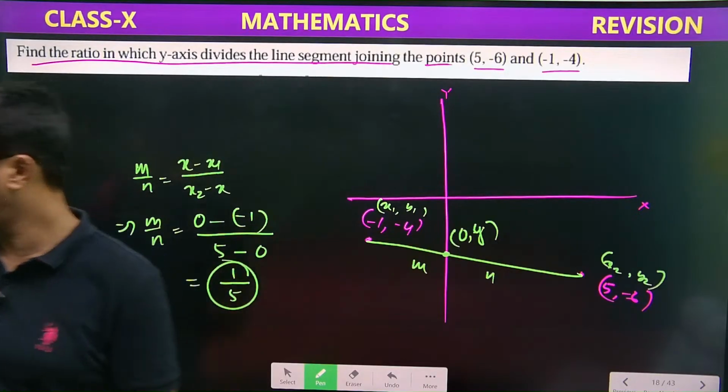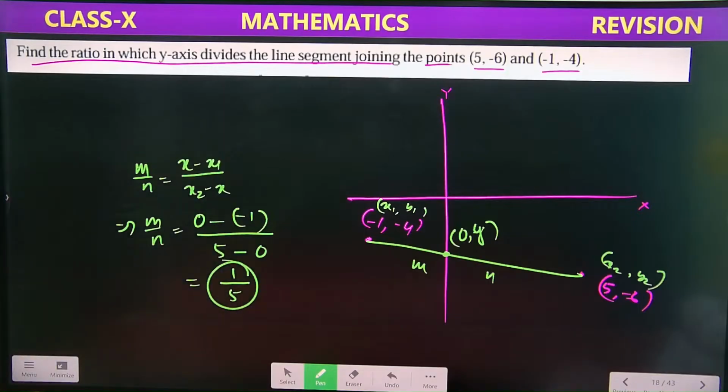1:5 or 5:1? Tell me, everyone. How much have you got?